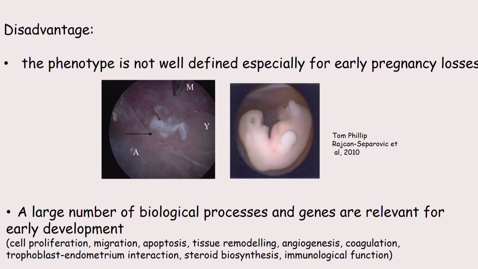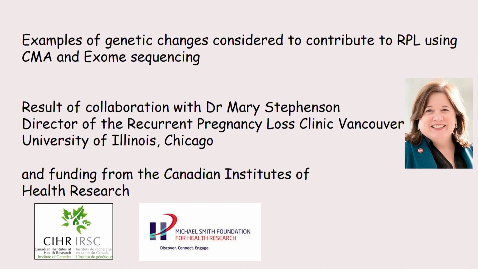So these are the definitive disadvantages of looking for a gene for recurrent pregnancy loss. Today I will be giving examples of genetic changes considered to contribute to recurrent pregnancy loss using chromosome arrays and exome sequencing.